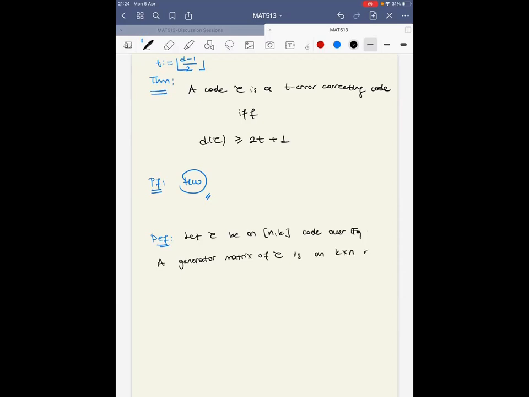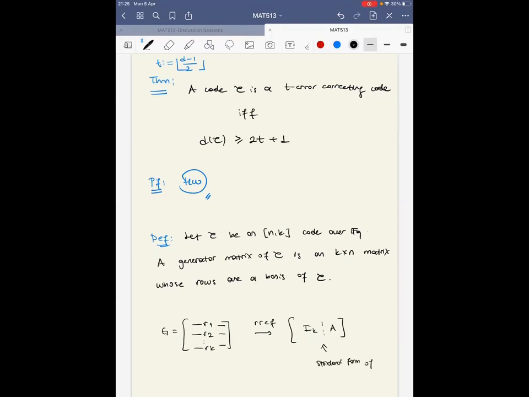This is going to be a k by n matrix whose rows form the basis for C. And if the generator matrix can be transformed by applying row reduction, and its reduced row echelon form is of the form identity augmented with a matrix A, in this case the form of this matrix will be called the standard form of the generator matrix.